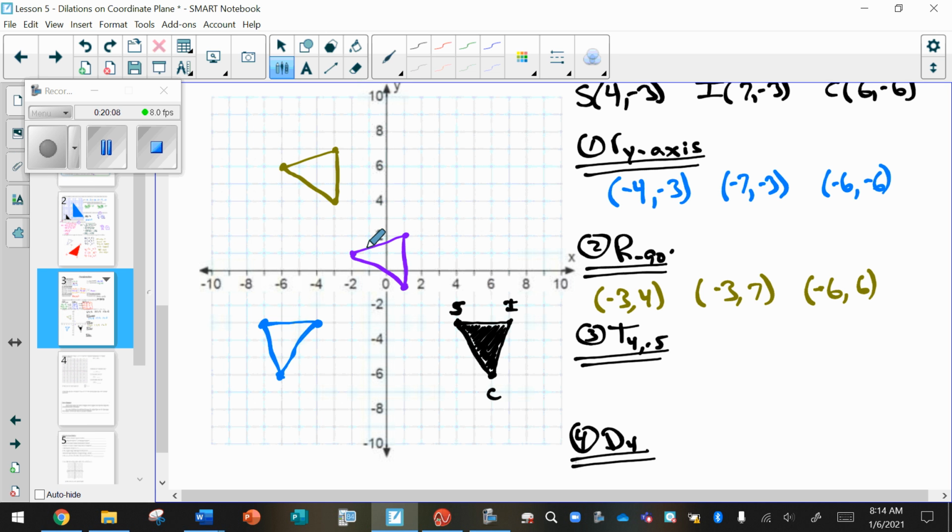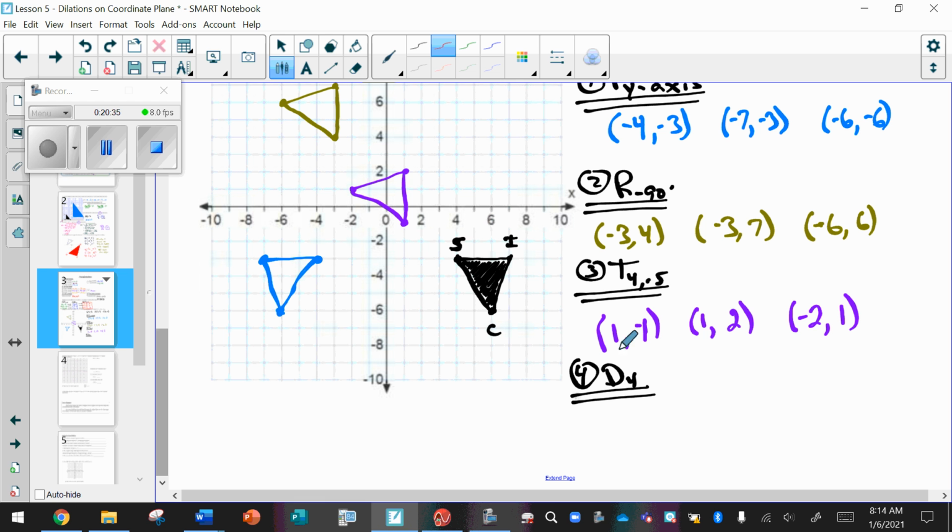If we did it using the rules and writing out the points, add 4 to the x value, subtract 5 from the y value, and we're going to do that to each pair of points. Add 4, subtract 5, add 4, subtract 5. And then our final image comes from taking these purple points and doing a dilation of 4.